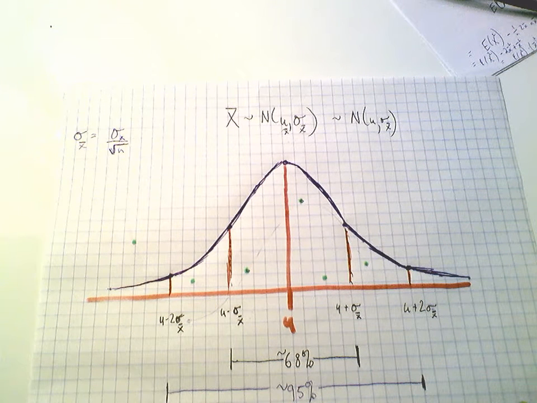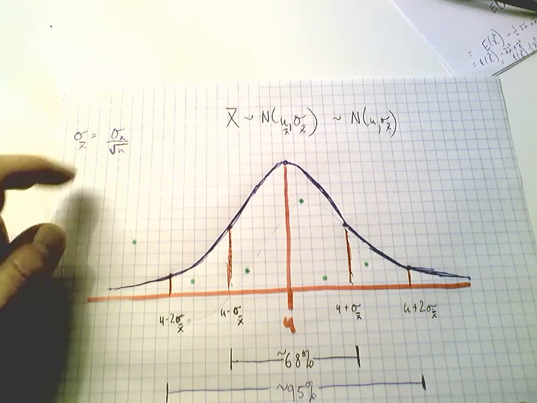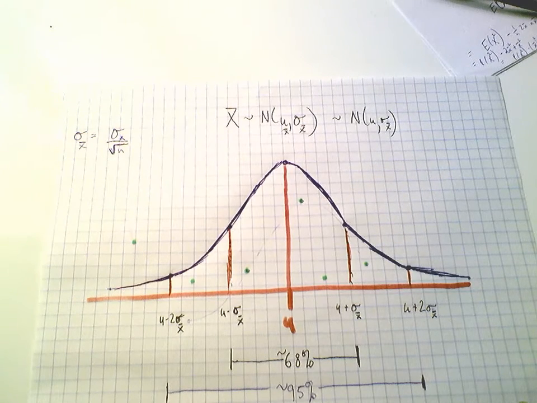Since we met all the lovely conditions of independence through the 10% rule, I'll be able to say that the standard deviation of x bar will be the standard deviation of the population divided by the square root of n, where n is our sample size.